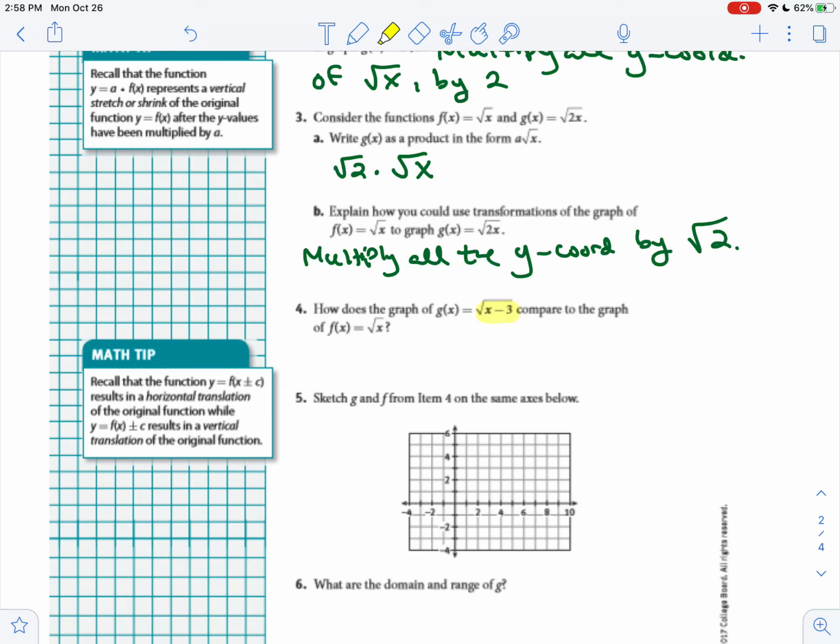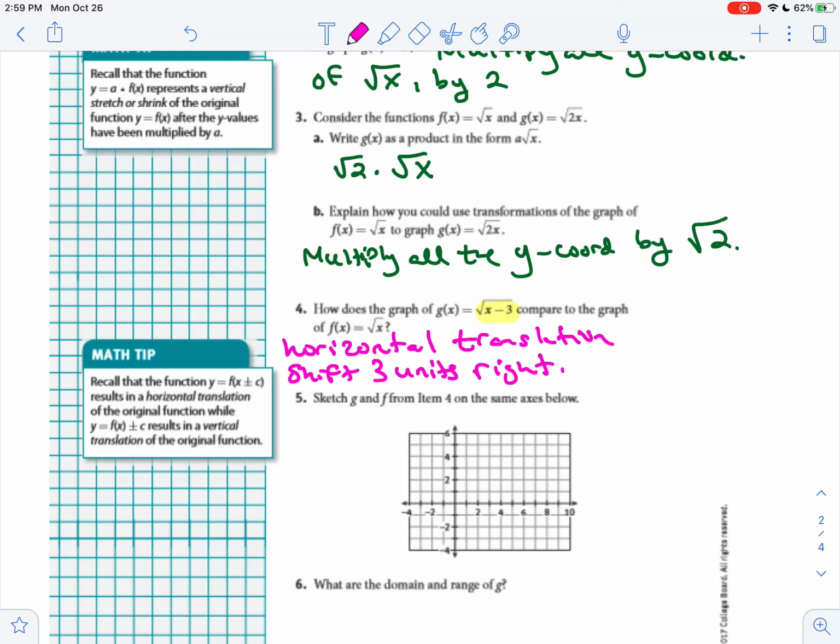So if you see x minus 3 inside a square root or a parenthesis, remember that's going to be a horizontal translation, meaning a shift left or right. And the horizontal translation always does the opposite. So this one will actually shift 3 units right because it's negative 3. That's a shift 3 units right.